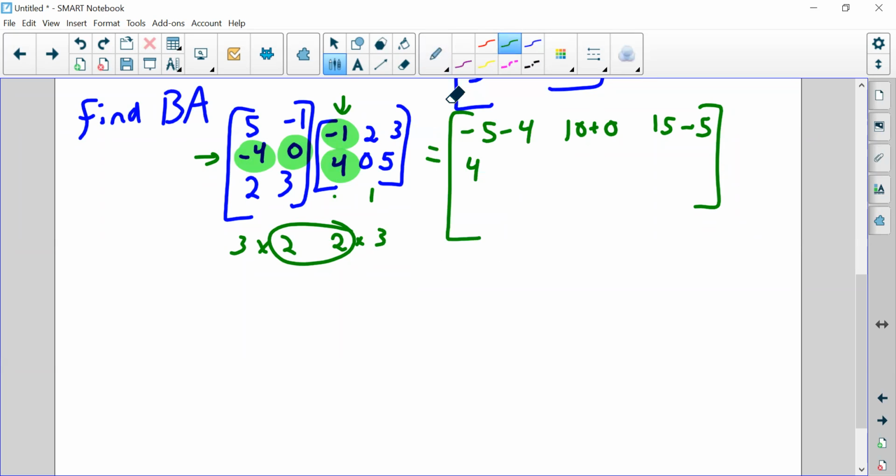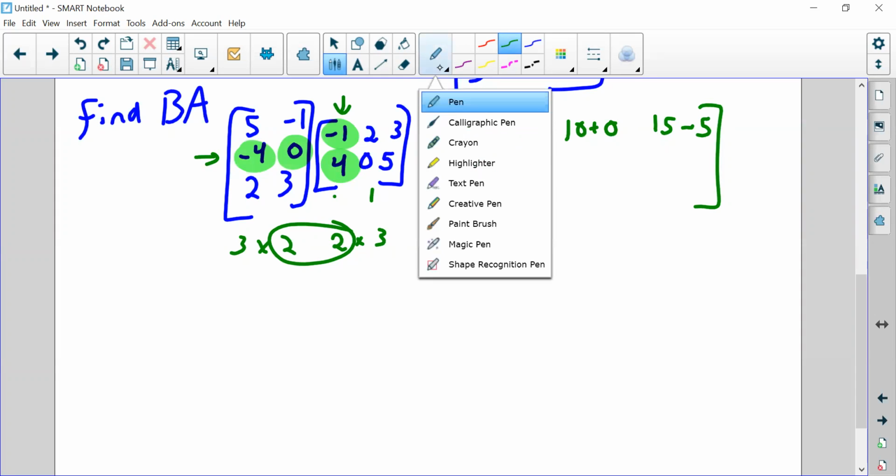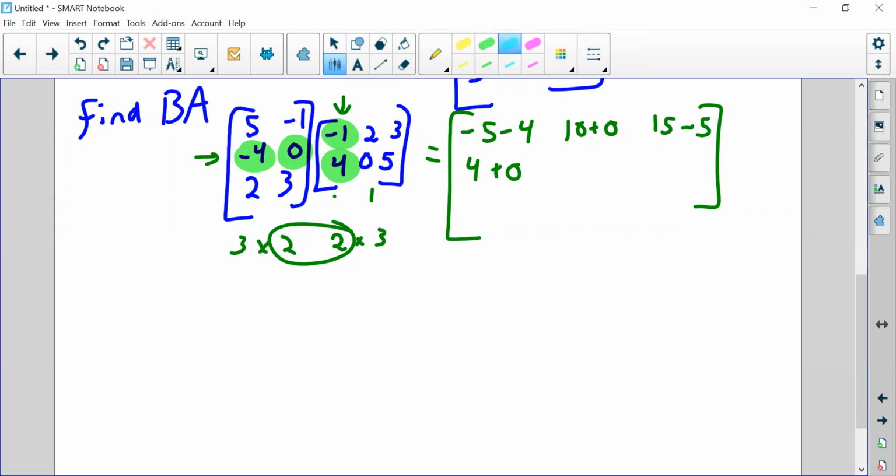Just always go over and down. Now I'm taking the -4 times the 2. What does that give us? -8. And then I'm going to take the 0 times 0. What does that give us? 0 times 0? No, I can't do the easy ones.